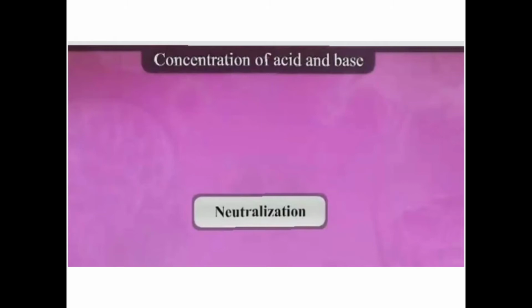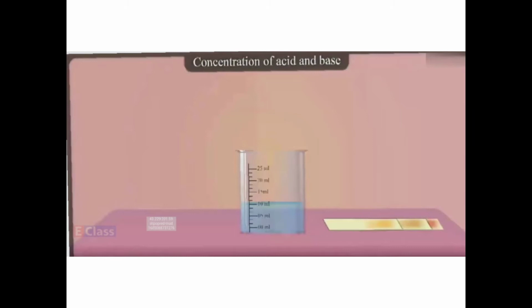Now we'll do one experiment here. In a beaker, you just take 10 ml of HCl. So the beaker is in front of you with 10 ml of HCl, that is the hydrochloric acid. Okay. Now with the help of a glass rod or something, you first put a drop of the solution on the indicator strip. Here you have the indicator strip.